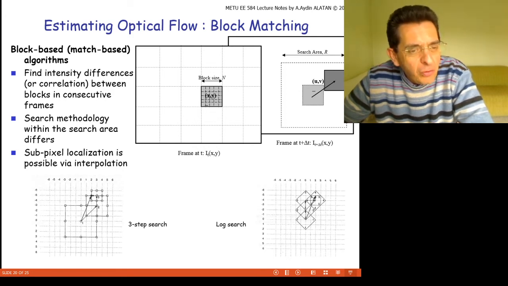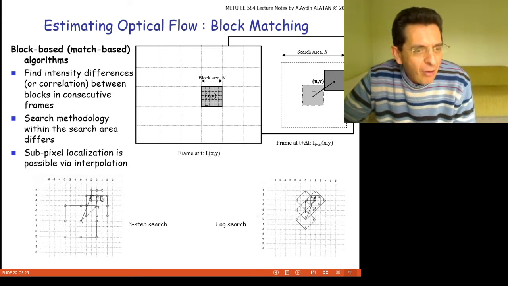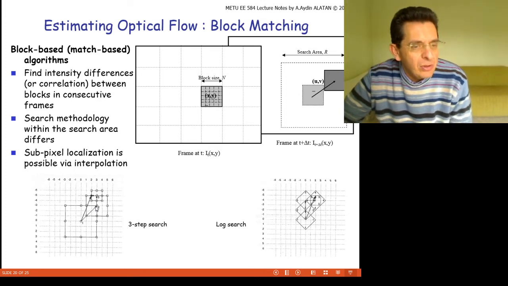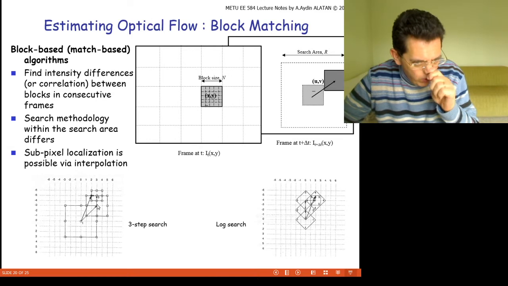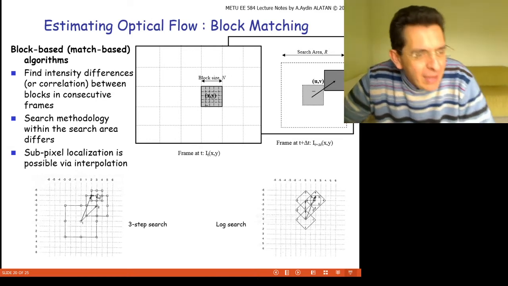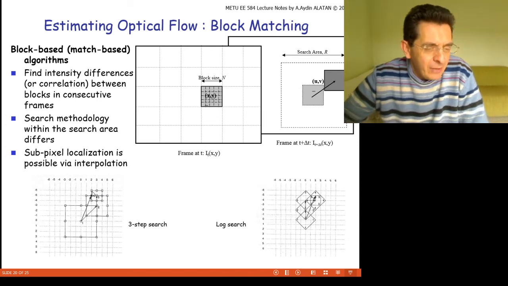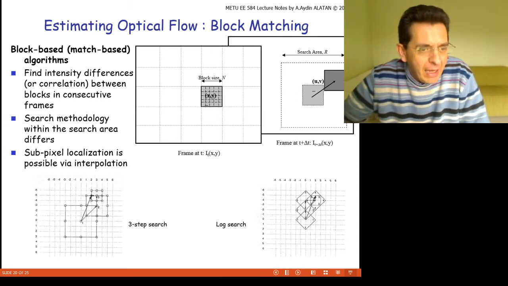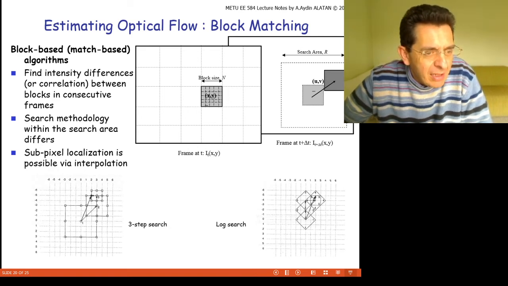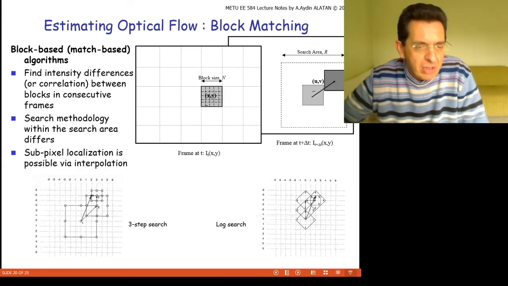Then you move to here and look for candidates around a smaller neighborhood, centered on this new candidate. Assuming this is your best result, this time you make your neighborhood only a pixel apart, and you obtain your best result based on this point. This is called the three-step search algorithm.